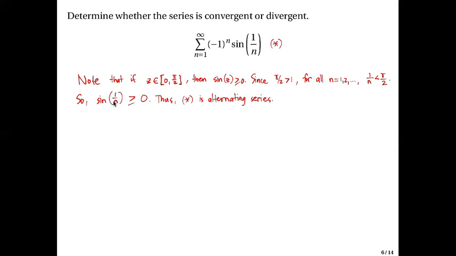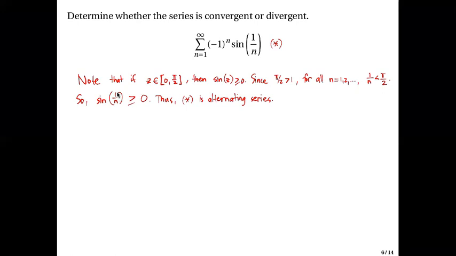You can explain using your Math 21 knowledge, or your pre-calculus knowledge. You know that the sine function is an increasing function from 0 to pi over 2. So what does that mean? As you decrease z from pi over 2 to 0, sine z will also decrease.